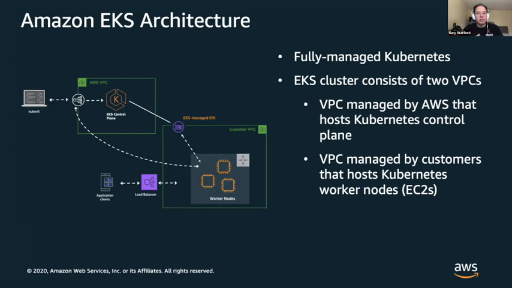So if you're familiar with Kubernetes, the control plane is in a VPC which is hosted and managed by AWS. And then the second VPC is managed by the customer and hosts the Kubernetes worker nodes on EC2 instances, which on the AWS platform are virtual machines, which host the worker nodes, which in turn host the running containers.